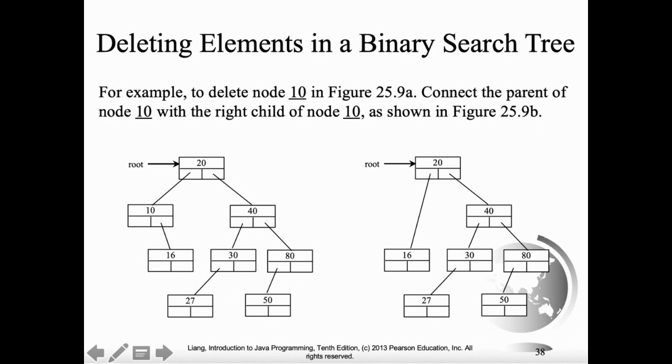We're trying to first find the 10. We go to 20 and compare 20 with 10. 20 is bigger than 10, which means 10 is going to be on the left side of the root. So we go to the left, and then we check the 10. The comparison returns 0, so we've found it. That's the element that we're trying to remove.